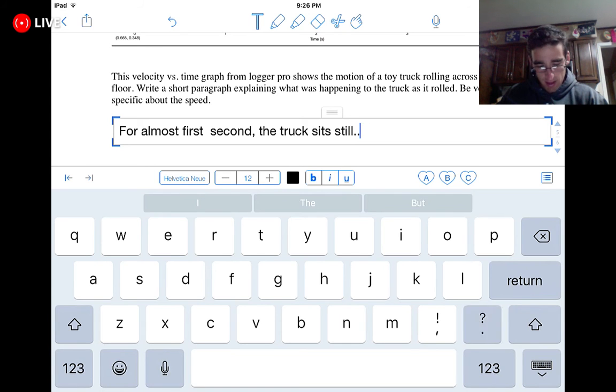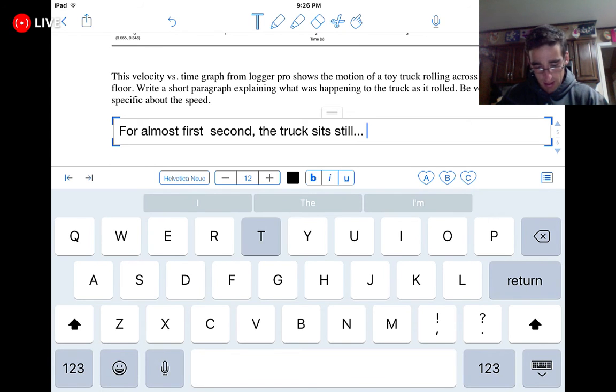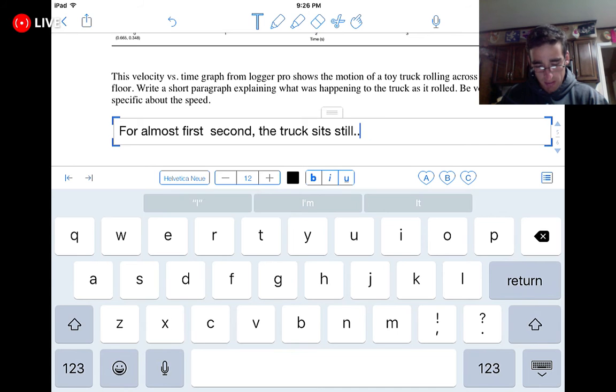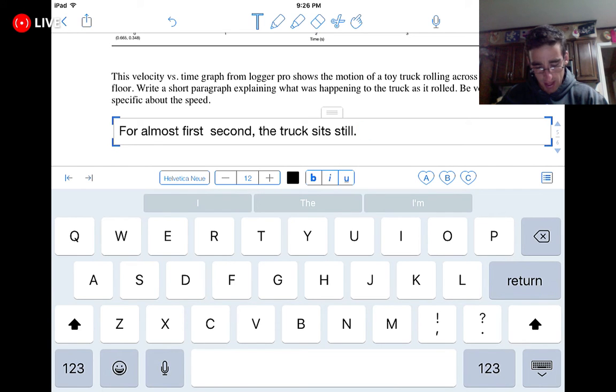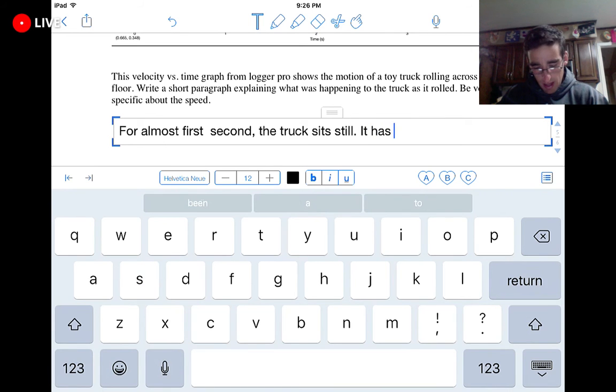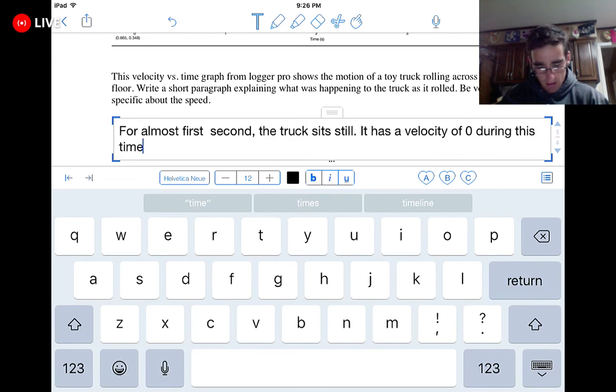I'm also going to say, it has a velocity of 0 during this time. I probably shouldn't say it the informal way.